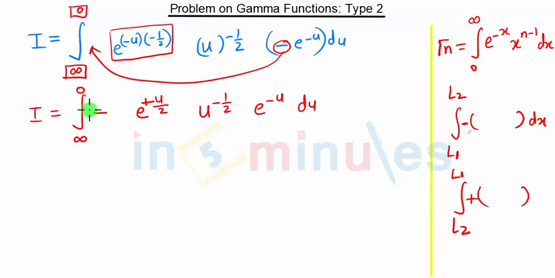So here also we will take this negative sign into the integration, and our limits will now be from 0 to infinity. Why do we need the limits 0 to infinity? Because we need to represent this in gamma function form. That's why we need the limits from 0 to infinity. For that we will take this negative sign into the integration, and when we do, our limit of integration will be changed.